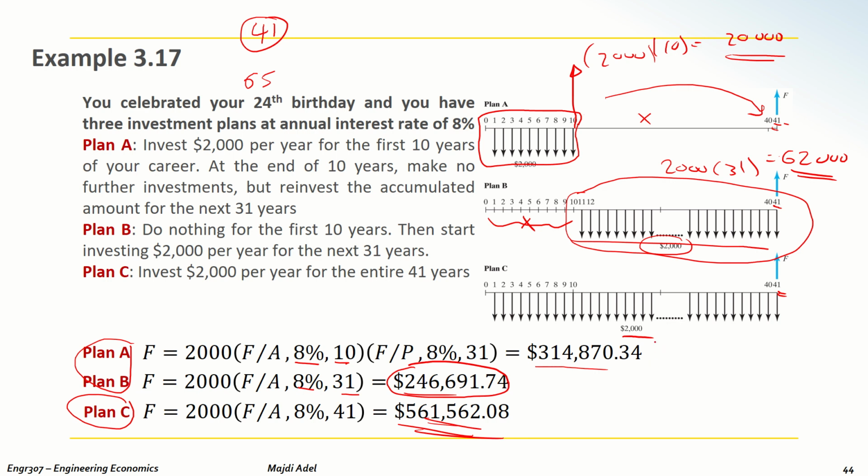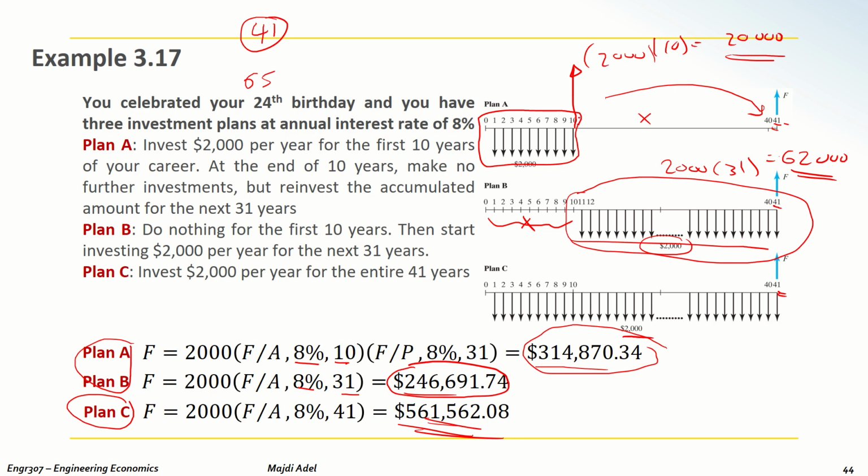I got more money, $314,000. Now why? The reason is that I started investing early in plan A. So the first $2,000 is going to earn interest for 40 years, and then the second $2,000 plus the amount from the first year and its interest, and so on.